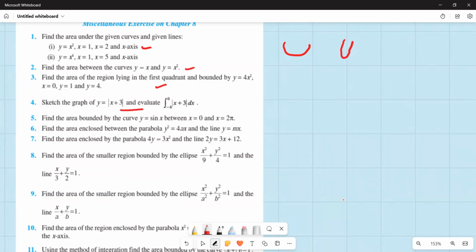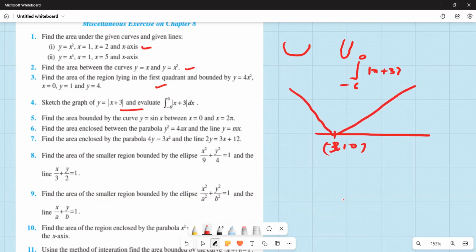So in the mode question, what is the 0 of this? X plus 3, 0 is at minus 3, na? So how will you do this? X plus 3 from minus 6 to 0. If you plot this equation, at minus 3, 0, this will give you this V shape, and you need to find out from minus 6 to 0.